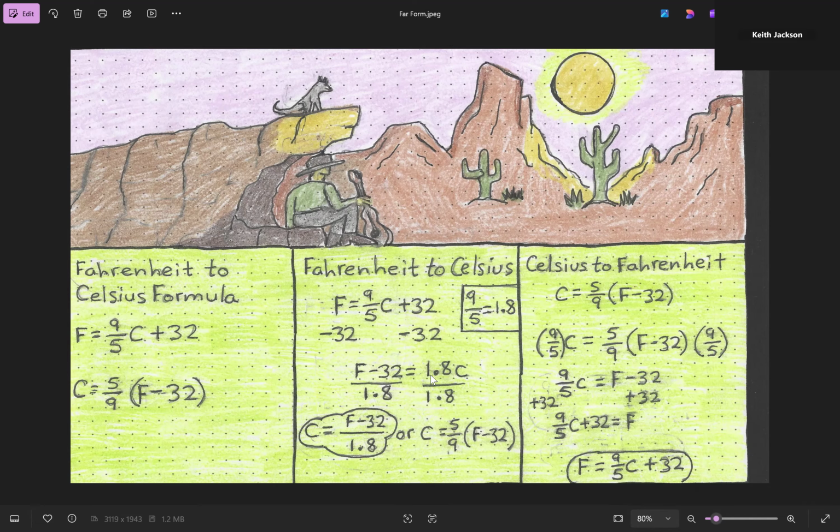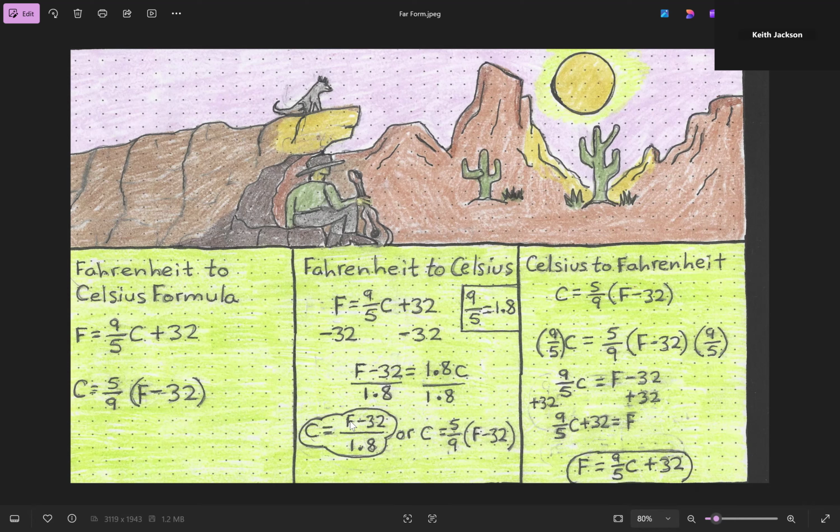And so we're going to take this 1.8 and we're going to divide both sides by that 1.8 to isolate Celsius. And so now here's what we have right here. We have Celsius now is equal to Fahrenheit minus 32 divided by 1.8.